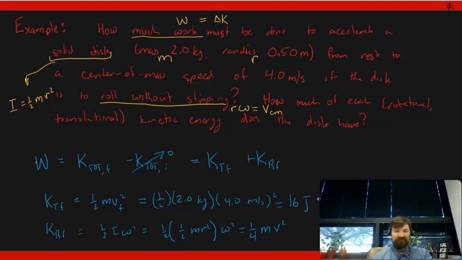And that's just half of this number, and so that ends up being 8 joules. Notice that this is 1/2 of 1/2 m v squared, and I already have 1/2 m v squared here with 16, so I get 8. So my total work must be the sum of those two, which is 24 joules.